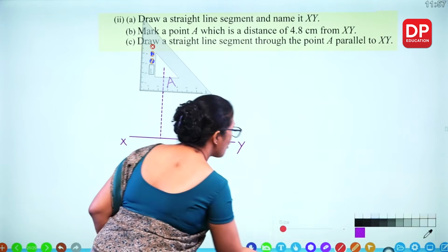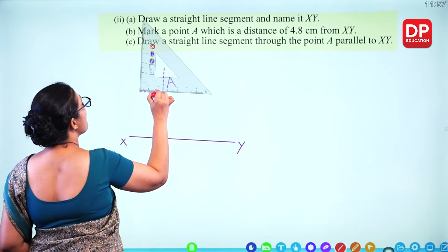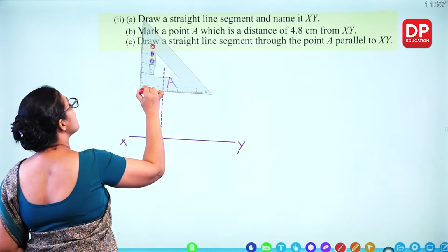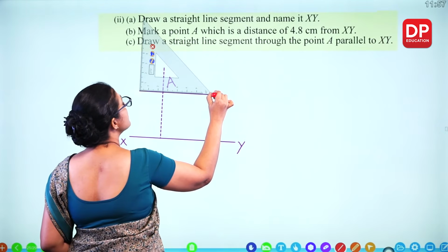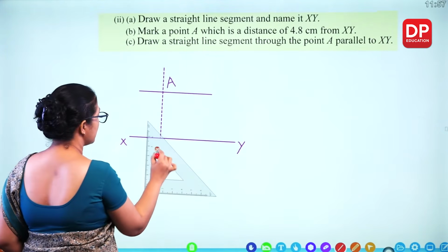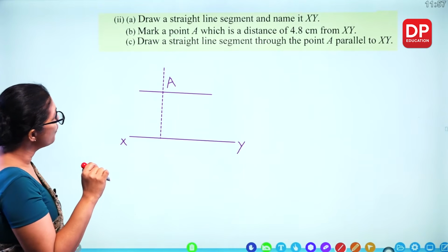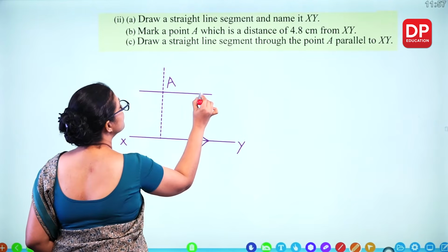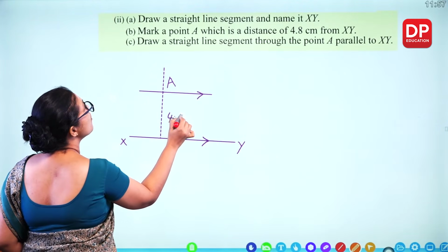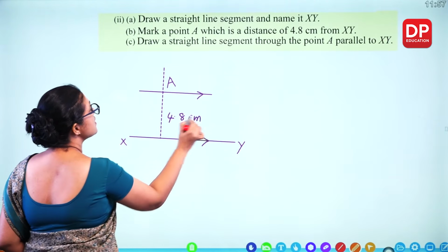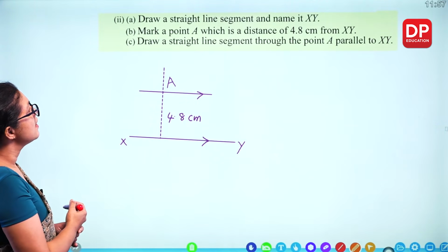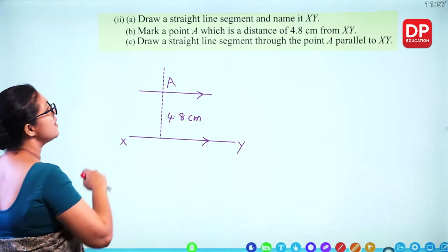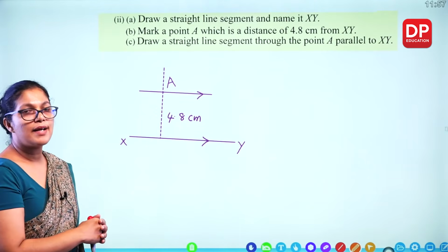Then you can draw the line along point A. So that line and this line both are parallel. And the distance is 4.8 centimeters. So this is the point A, and parallel to XY, this is the straight line.